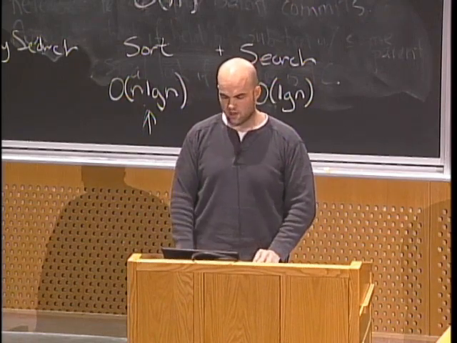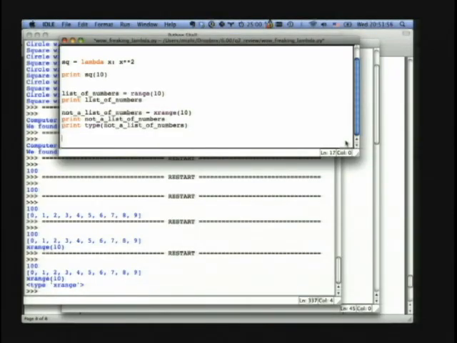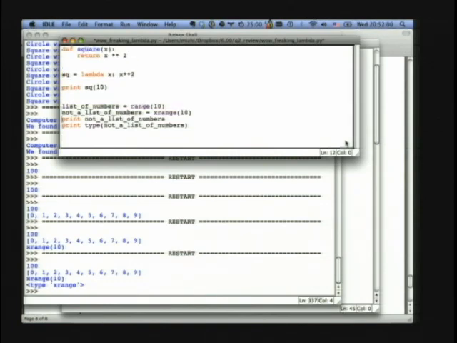So let's do this: X-range 10, print i, just to print 0, 1, 2. If I do this, it's going to be the same as if I were to do this.